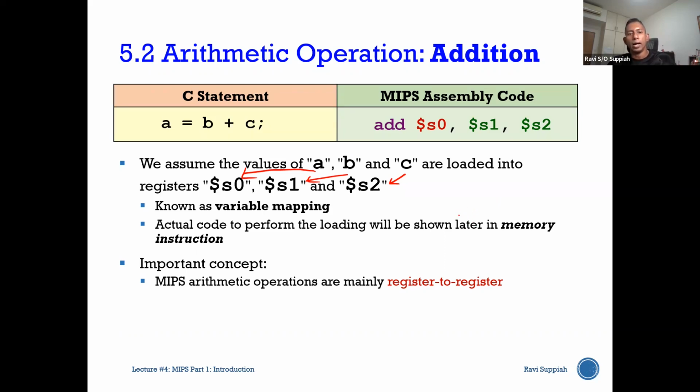When you are writing your own assembly language code, you can decide that S0 is A, S1 is B, and S2 is C, and so on. But when you are doing a translation, the compiler will do it for us.